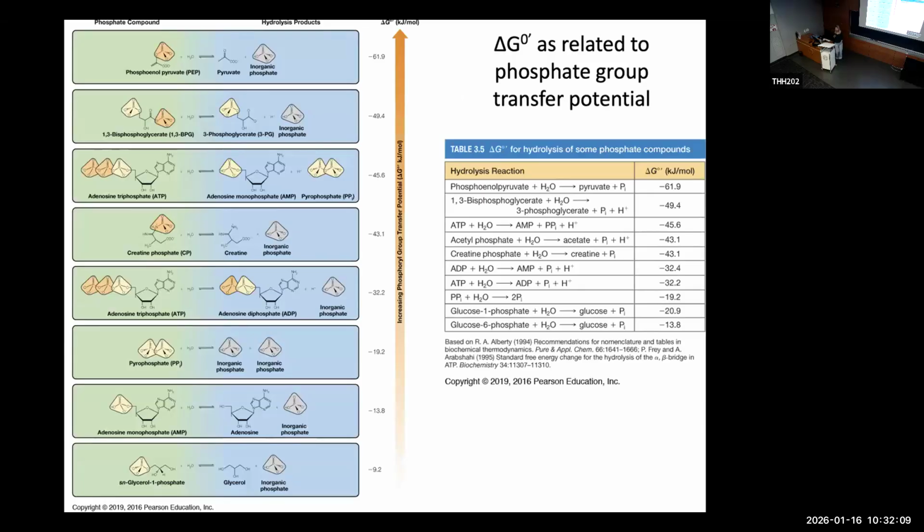This chart looks at a lot of different molecules that have phosphate contained on them and the favorability of removing those phosphates. Here's our ATP, somewhere in the middle. You can see other molecules here, if you remove their phosphates, release even more energy. And we'll see some of these in some of the pathways we talk about.